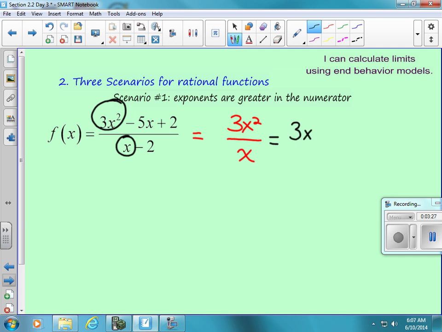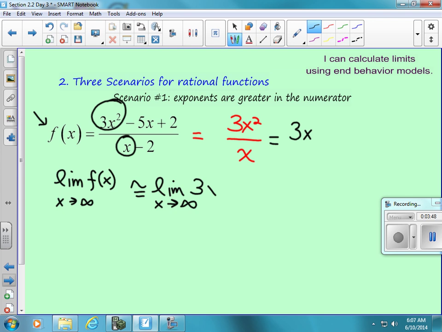So what we can do is estimate the limit of f of x as x goes to infinity, and I'm not going to write this all the time, which is basically equal to the limit as x goes to infinity of 3x, because we have found its end behavior model. And this same statement is true as x goes to negative infinity, 3x.